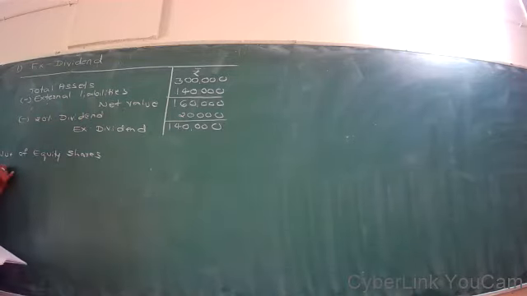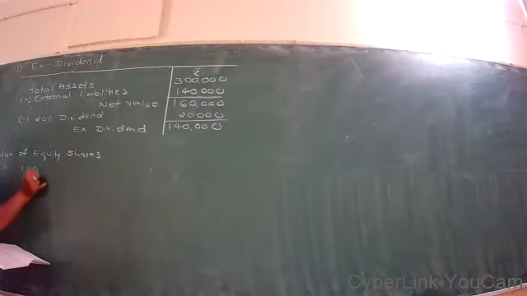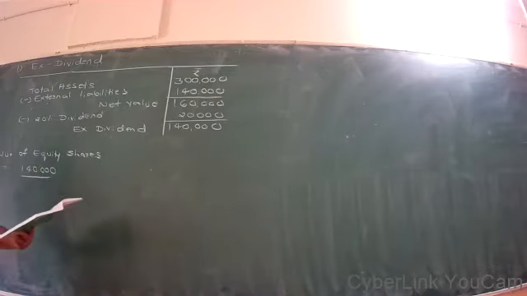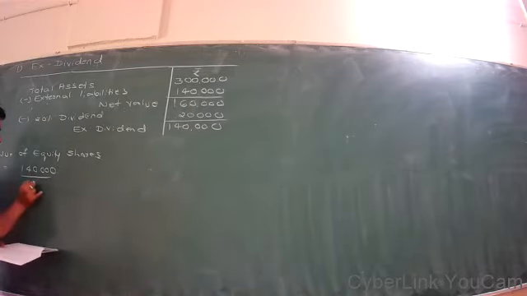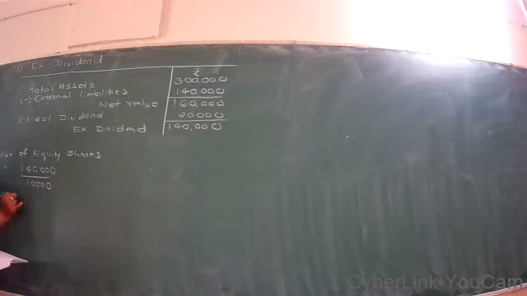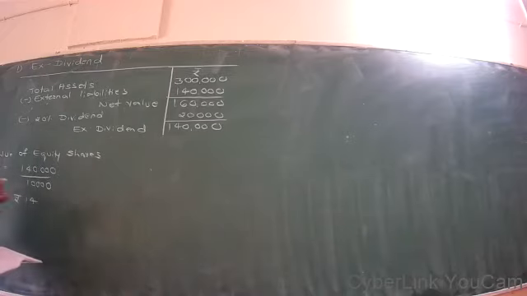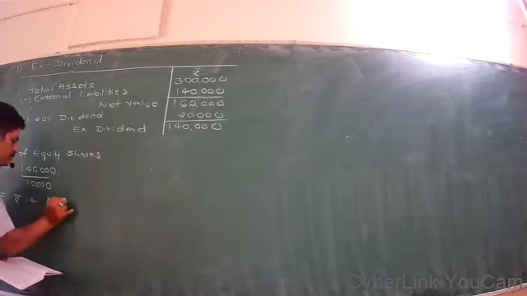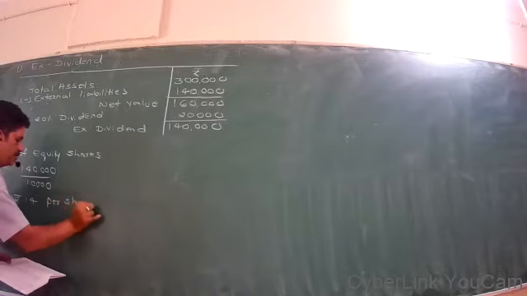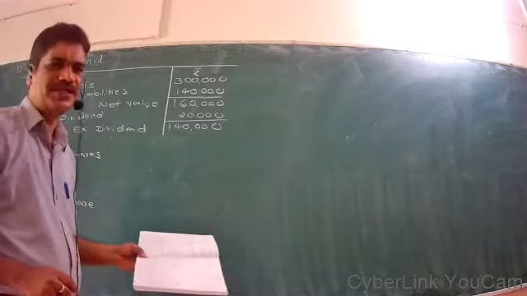Here the net assets available to equity shareholders are 1 lakh 40,000, divided by the number of equity shares, which is 10,000. Now the value of an equity share in this case is rupees 14 per share. So this is the first case.